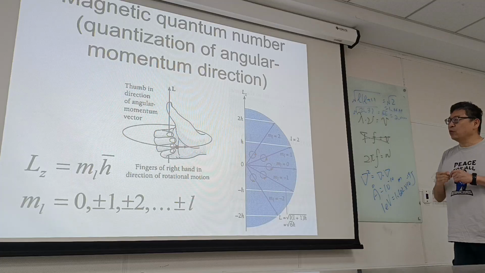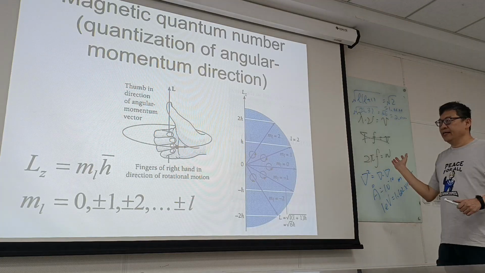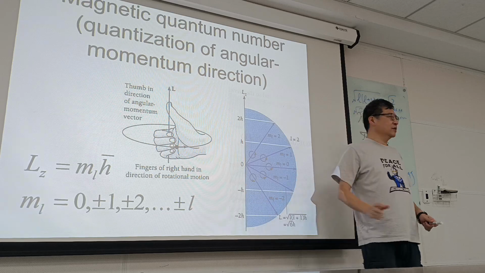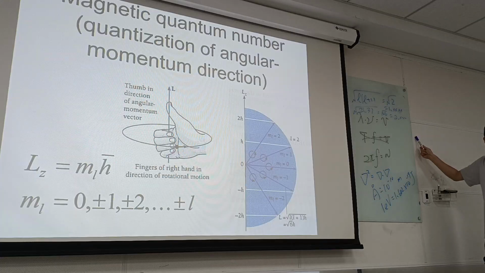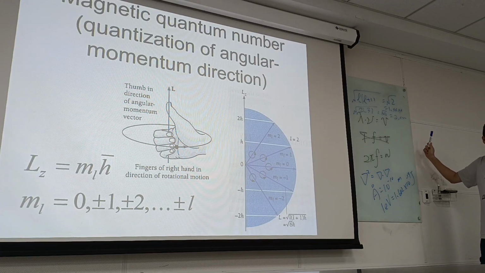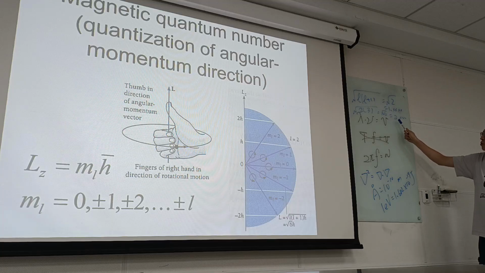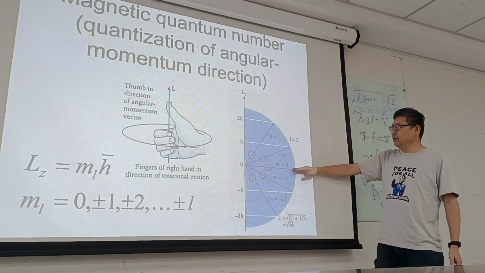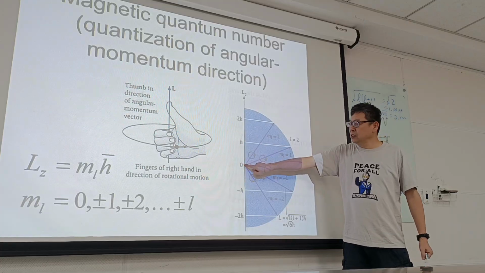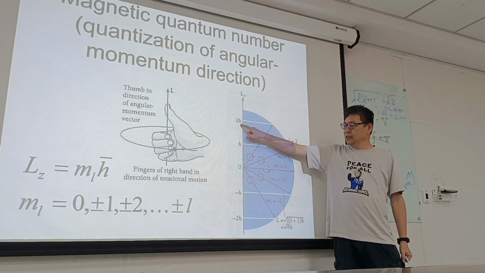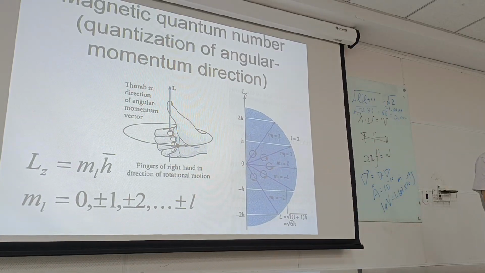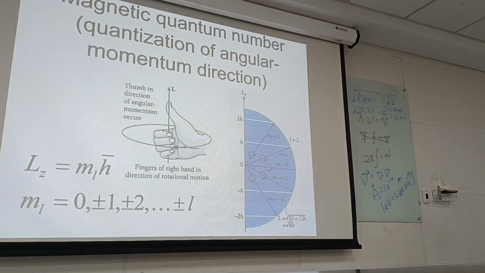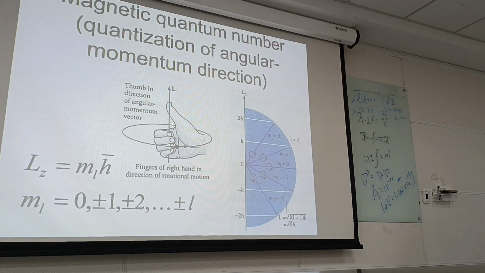So when l equals 1, ML can only be 1, because it needs to be less than that. When l equals 2, this is 2 point something, so ML can be 0, 1, 2, and also minus 1, minus 2. That's why ML is 0, positive or negative 1, positive or negative 2.